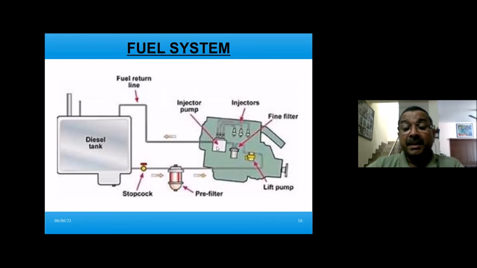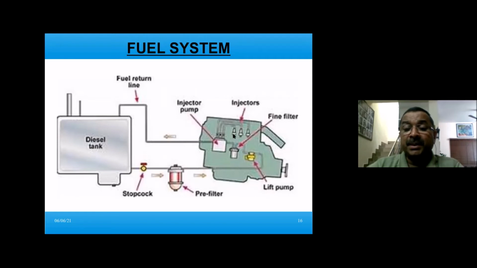Again, there is an injector pump. This is the diesel circulating pump, then an injector pump. This pump will collect the diesel from here, and it will pump it through the fuel injectors to the cylinder at very high pressure.